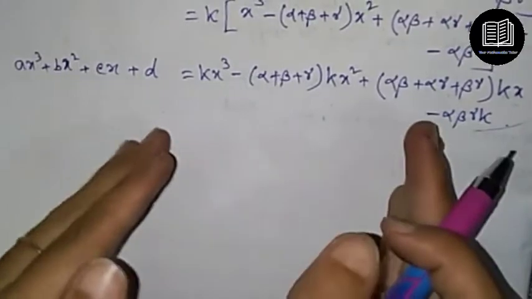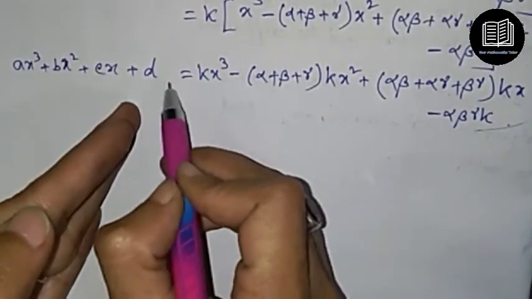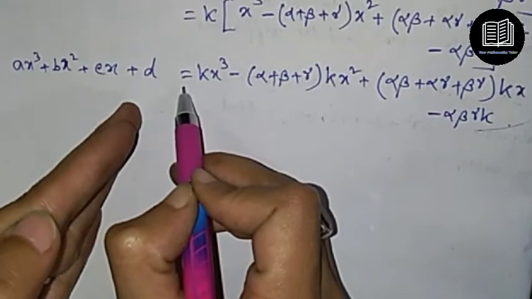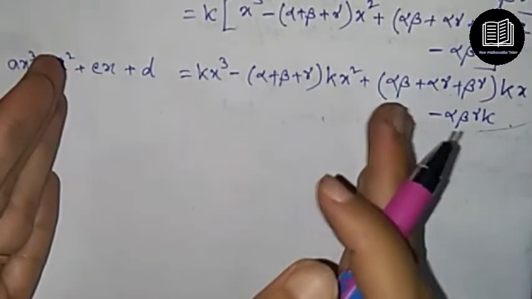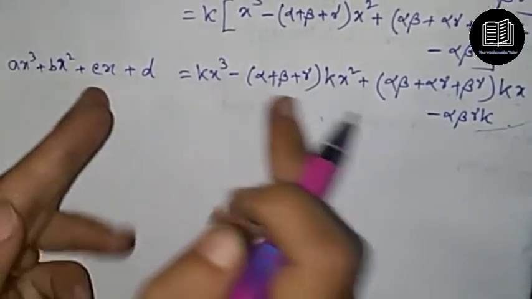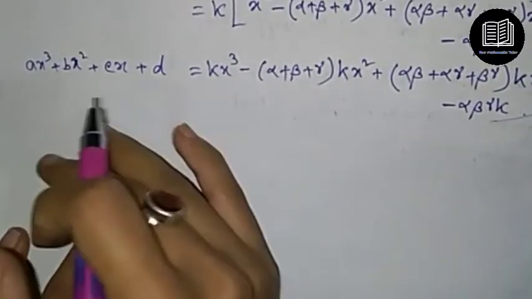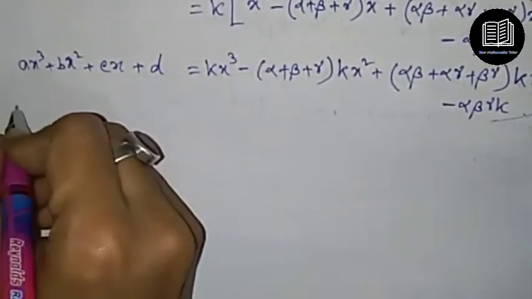So on both sides we have cubic polynomials and between them there is an equal sign. So we can say that both side polynomials are equal and every term must be equal. So we can compare each term on both sides.